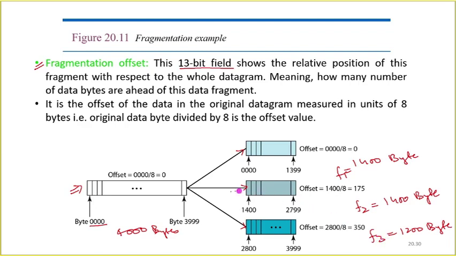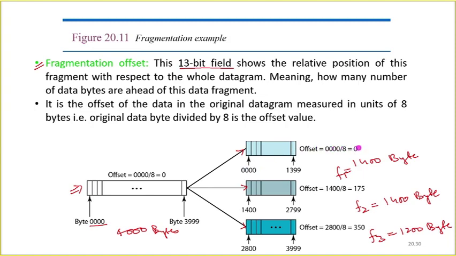Once it is fragmented, the starting byte of fragment 1 will be 0 and the last one will be 1399, because the total is 1400 bytes, so 0 to 1399. In this case, what will the offset be? The offset value for this will be the first byte position divided by 8, that is 0.